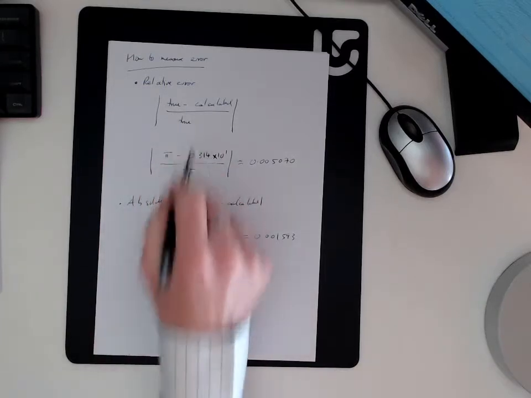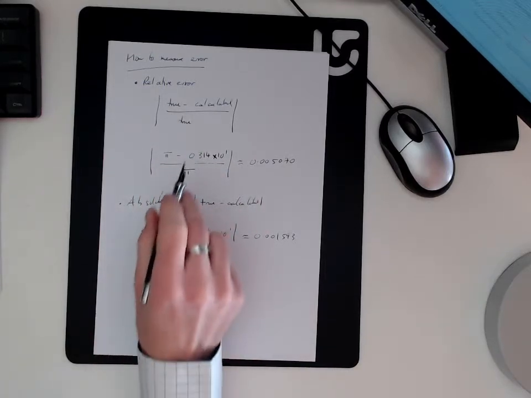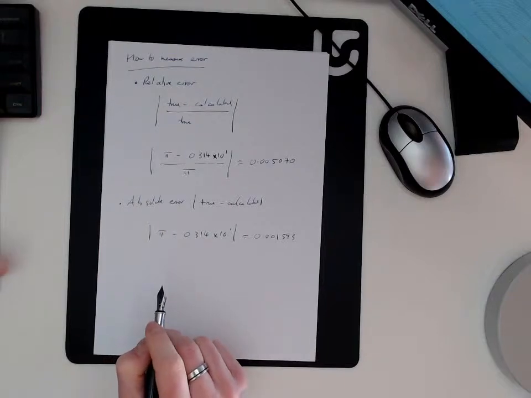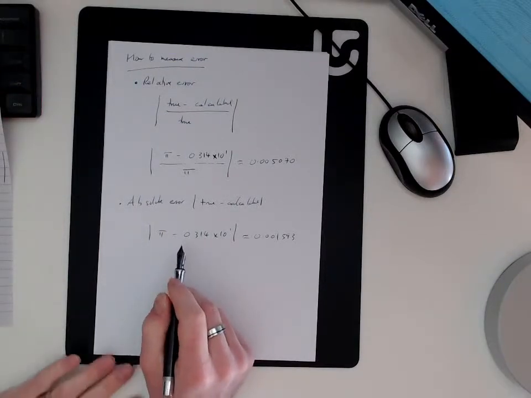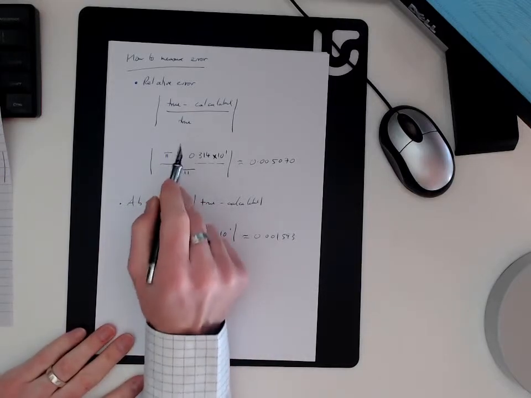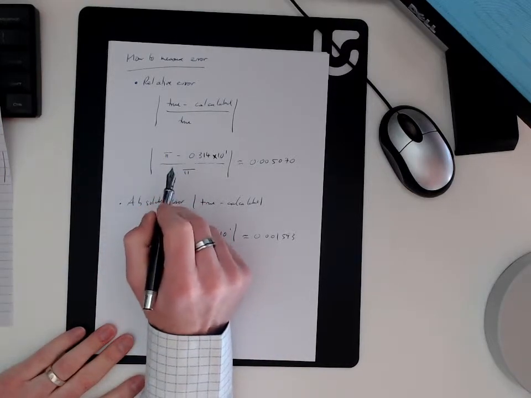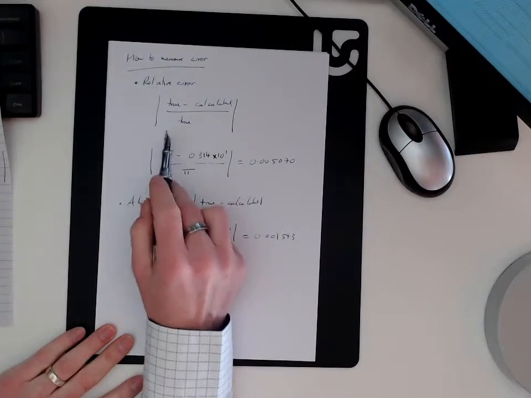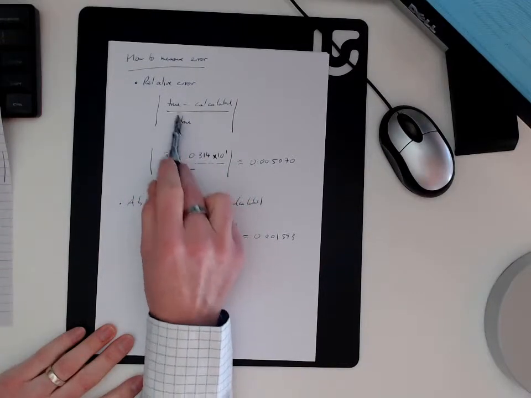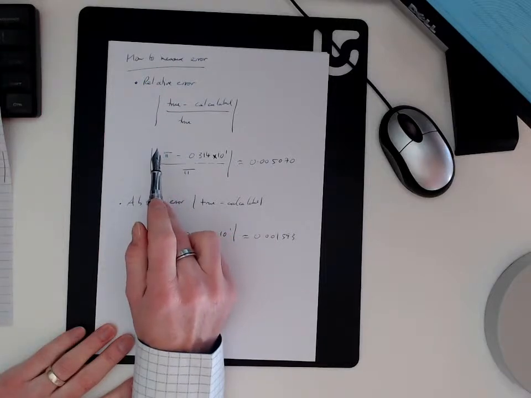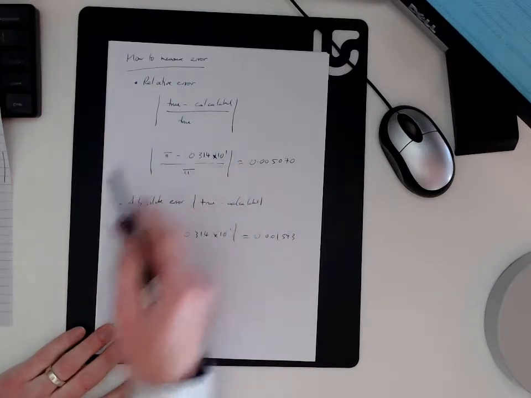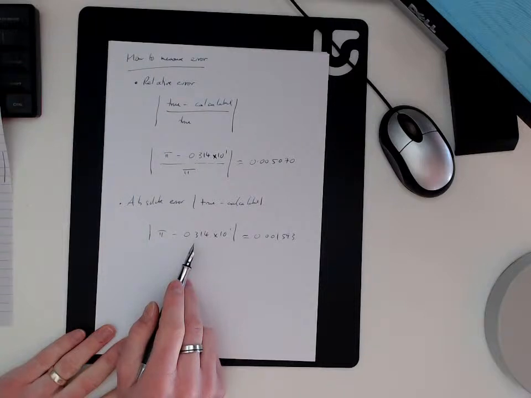There's different circumstances in which you would want to use absolute error over relative error. Sometimes one will be more important than the other. I would generally recommend relative error because it's scale free. It doesn't matter how big the true value is, the relative error will allow you to compare calculations of different sized values, whereas absolute error does not.